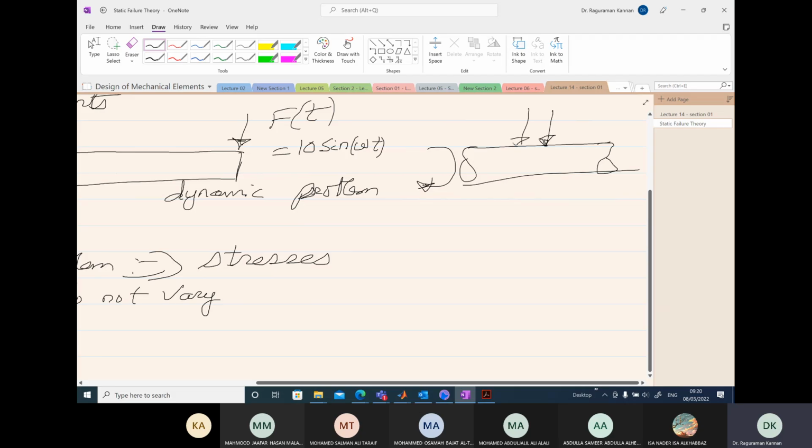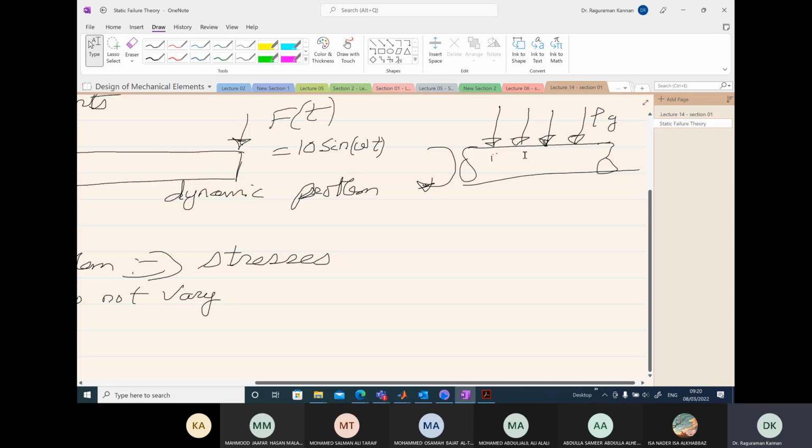So a distributed load of the self weight, maybe rho g. Although the shaft is rotating, the load is static. The load itself is always facing down. By looking at the force, you may decide that the problem is static. No, because the member is rotating.